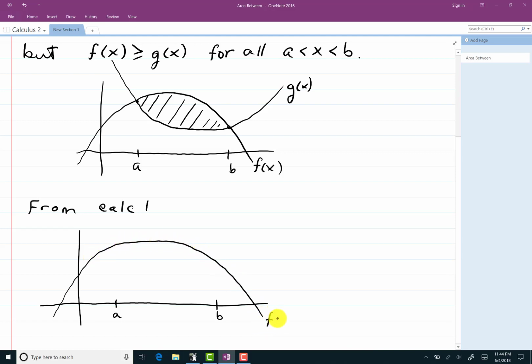So this will be f of x. Now if you go between a and b under the curve but above the x-axis, the area inside of here is well known to be the integral from a to b of f of x dx.